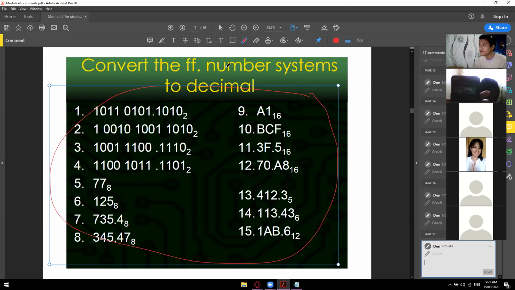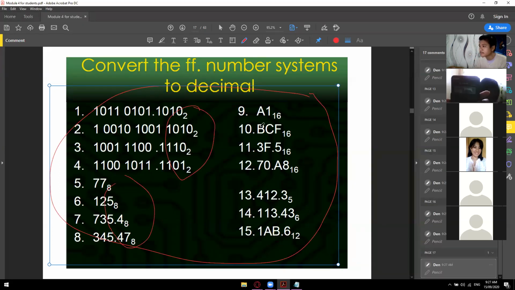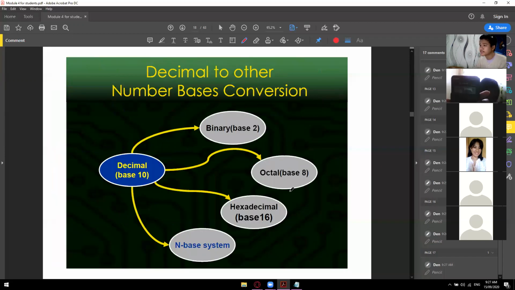Okay? So convert the following number systems to decimal. So we have binary to decimal, octal to decimal, hexadecimal to decimal, and then n base to decimal. Okay? So as a summary, you can convert any number to decimal, or decimal to binary, decimal to octal, decimal to hexadecimal, and then decimal to n base or any base.